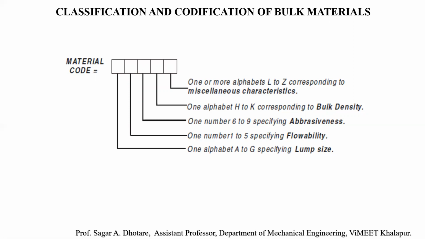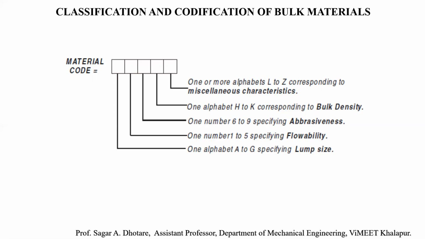From the BIS specification number IS 8730, an alphanumerical code, or you can say a codification system, is implemented for this bulk material. So we will discuss how the coding of the bulk material has to be done.